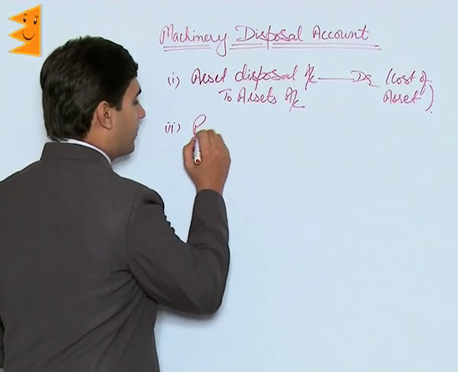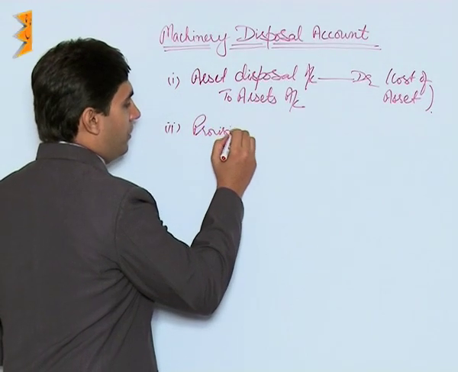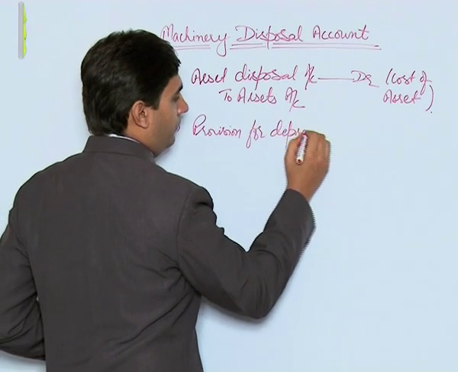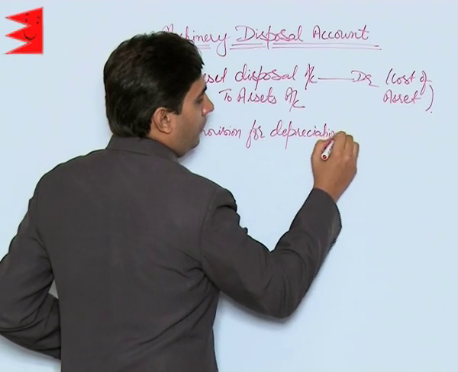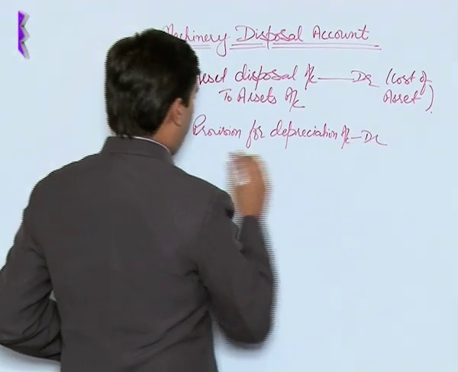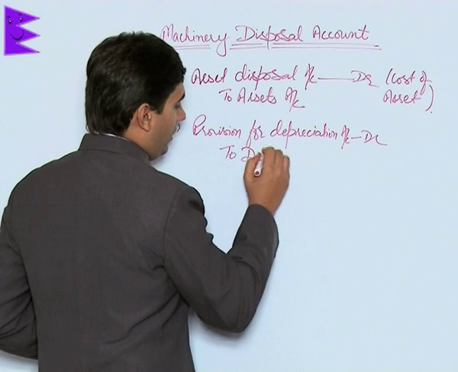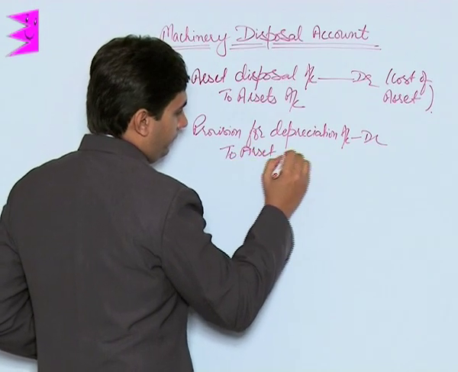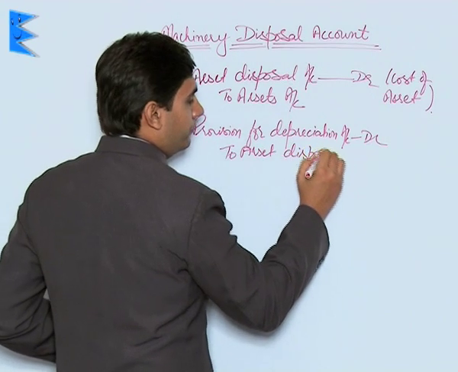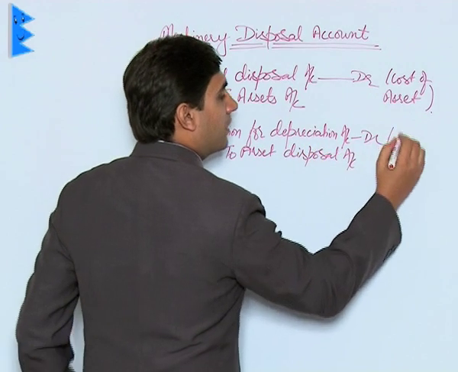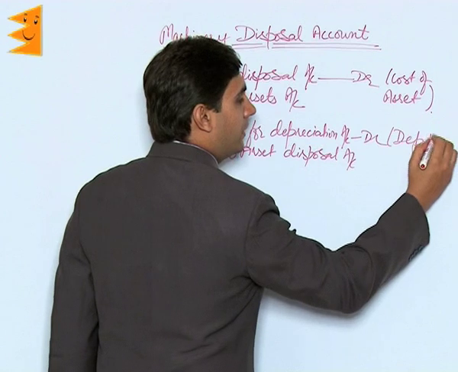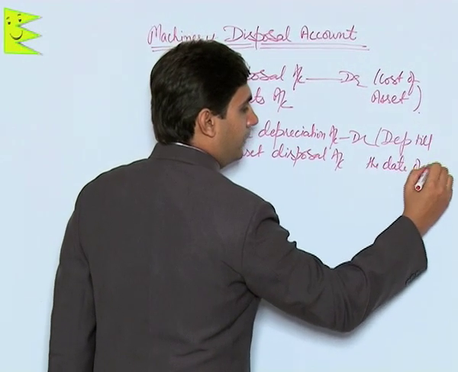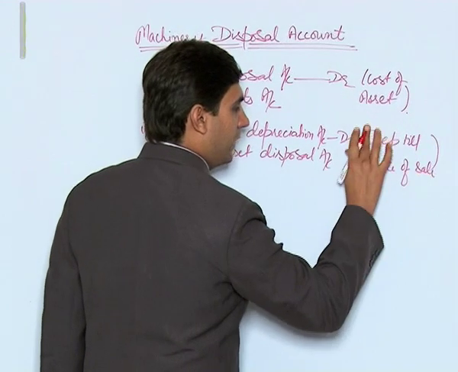So, the entry for transfer would be provision for depreciation account debited to asset disposal account. That is depreciation till the date of sale.